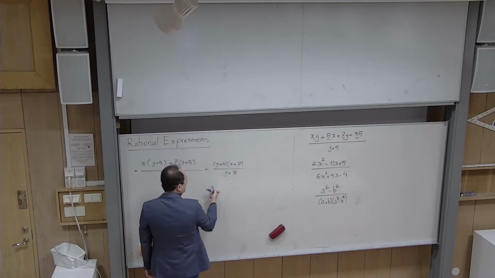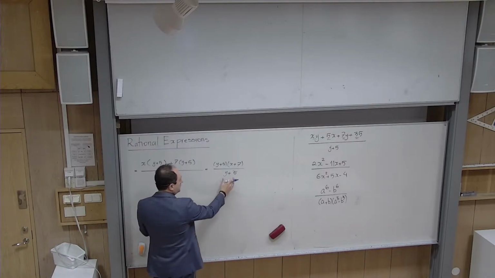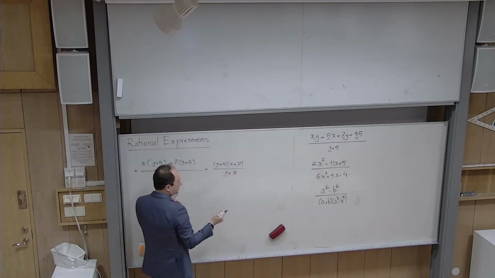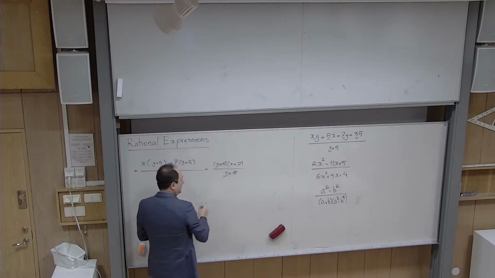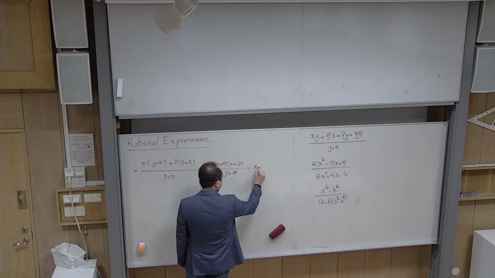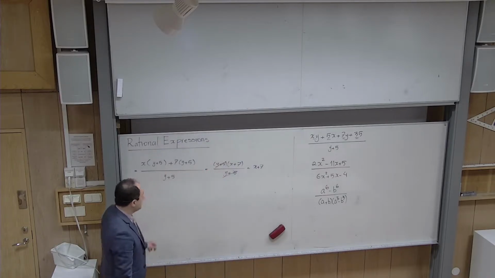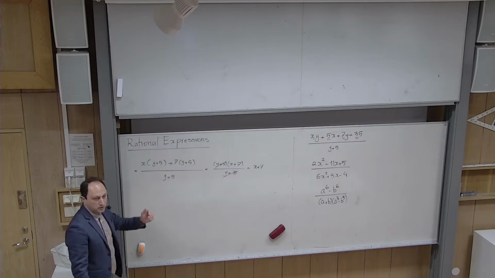Yes, because y plus 5 is the only expression in the denominator, so that can be considered as one single package or factor. And that's also a factor. This and that are common. I divide, so this becomes x plus 7 over 1, but I don't need to write it down. So this expression is simply x plus 7.